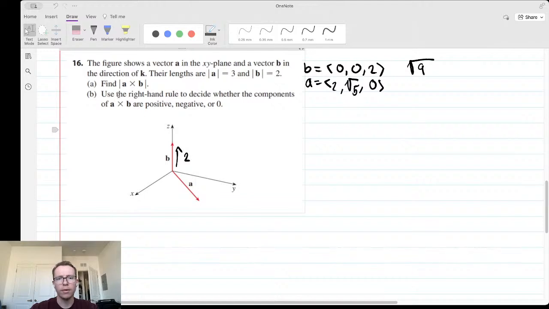So the right-hand rule is a method used to determine the direction of a vector resulting from a cross product between two vectors. So point your index finger in the direction of the first vector, curl your fingers towards the direction of the second vector, and then your thumb will now point in the direction of the cross product vector.